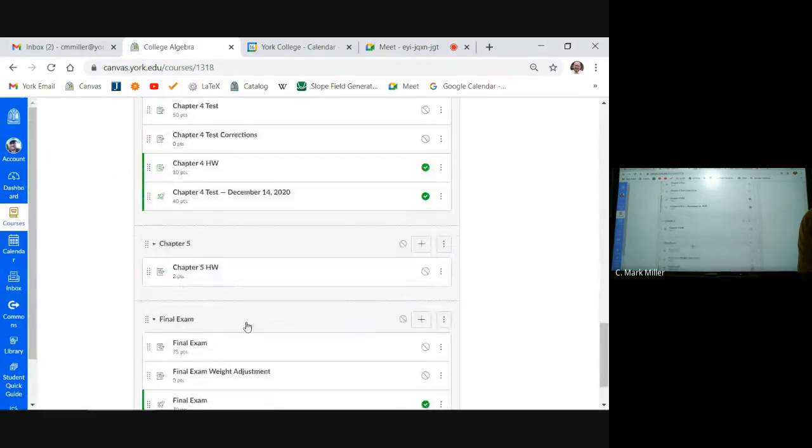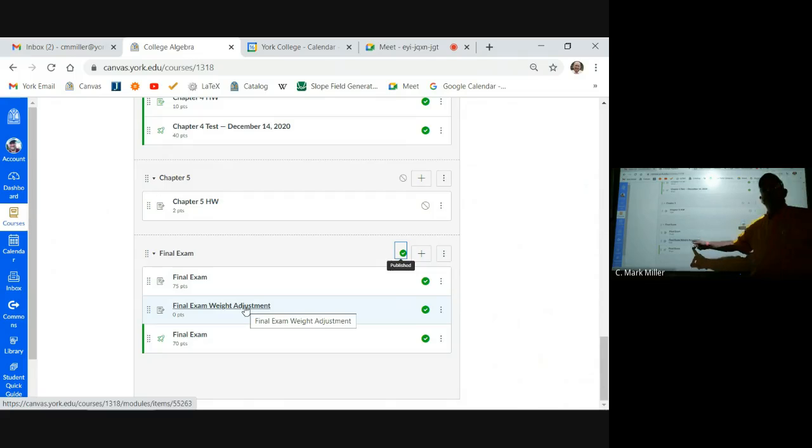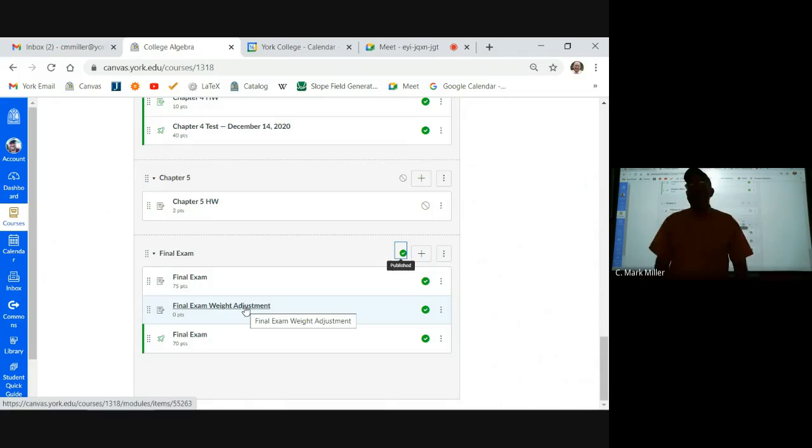If I find a way to put them down here under final exam, see, here's the final exam weight adjustment. Right here, the final exam weight adjustment. That's all right. So the final exam weight adjustment is that entry I told you about that I'll take care of, and that will be a number of points to adjust the weight of your final exam to the weight you specify on the final.